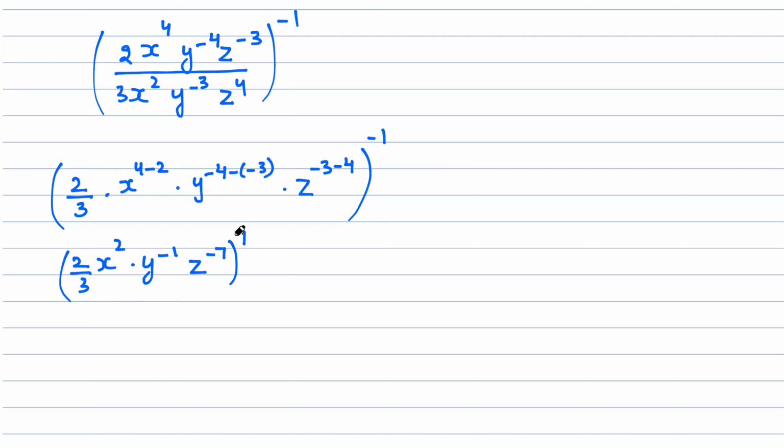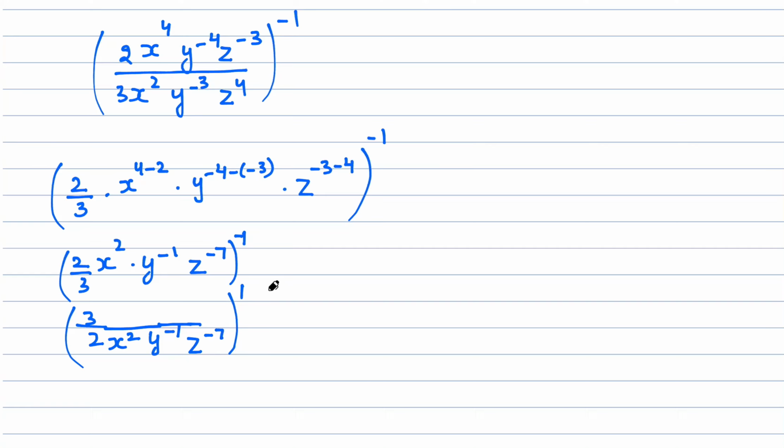Now let's reciprocate it. So this will become 3 by 2. x squared is in the numerator, it will go to the denominator as x squared, and y to the power negative 1 will become y to the power 1, because I have to reciprocate it. Now when I am reciprocating, the sign of the power is not at all affected, right? And it's z to the power negative 7. Now it has become 1.